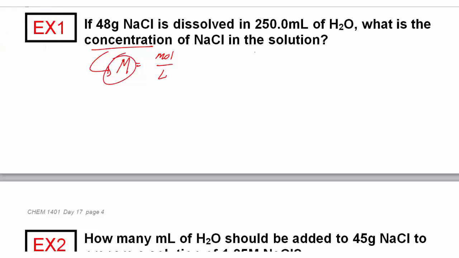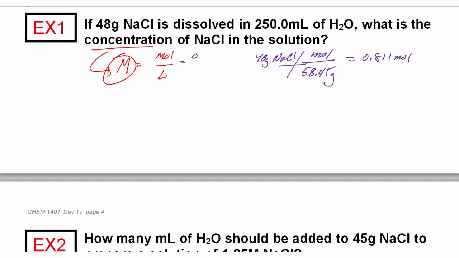We have 48 grams of sodium chloride. And remember, the molar mass of sodium chloride was 58.45 grams in a mole of sodium chloride from the periodic table. So 48 divided by 58.45, well, 0.821 moles of sodium chloride.